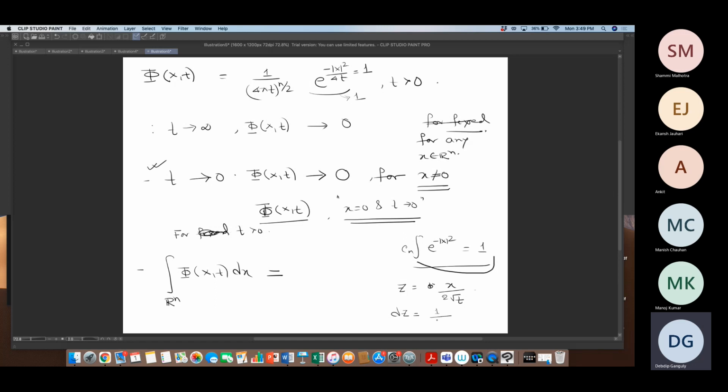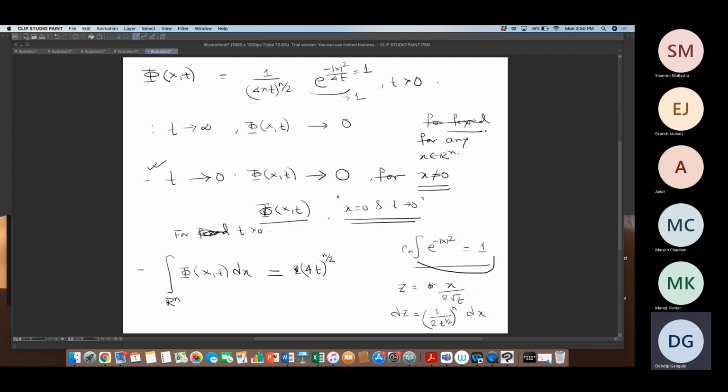It is 1 by 2 root t whole to the power n dx, right? Yes or no? Because this is the n-dimensional variable.